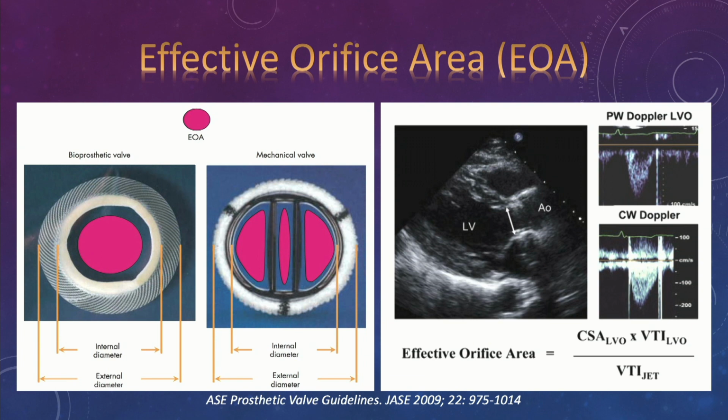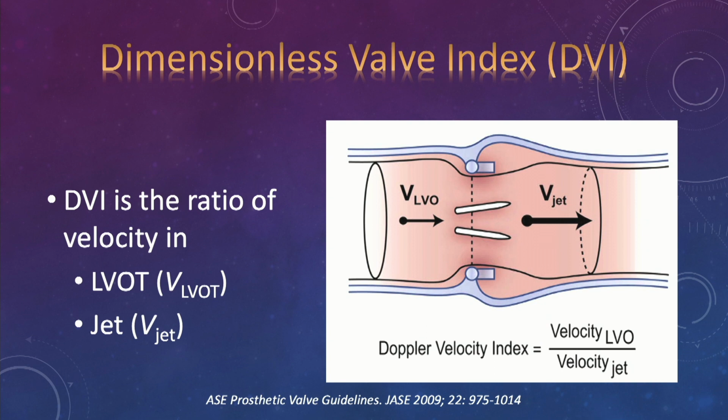Effective orifice area is obviously calculated by the continuity equation, and we all know it depends a lot on the LVOT, so any changes or variation in the measurement is going to affect the final calculated area. DVI, on the other hand, doesn't really use the LVOT. It just measures the ratio of the flow at the LVOT to that of the peak velocity, and it's a simple parameter that we can calculate.